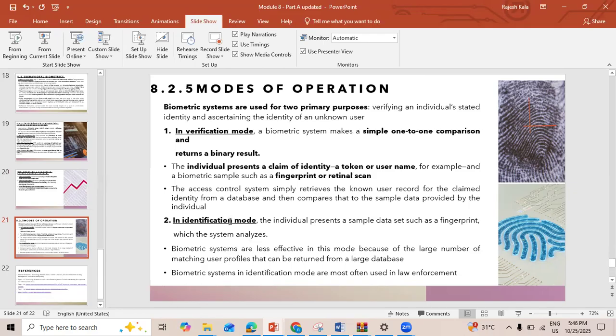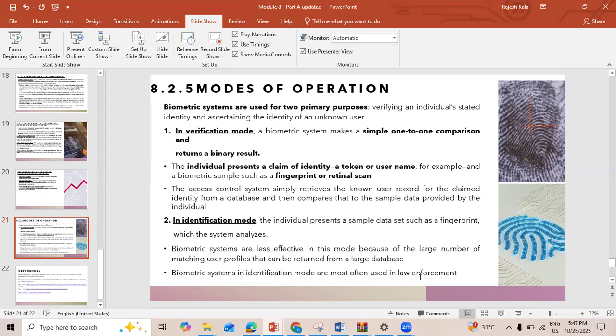Identification mode happens in law enforcement, for example when some crime happened. The police came to the crime scene. They bring scientific people, the fingerprint department. They came and check for any fingerprints in the scene.